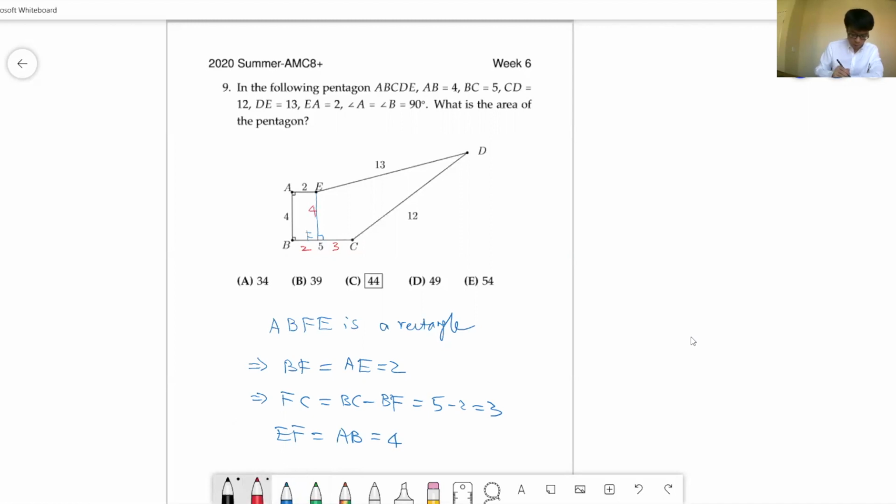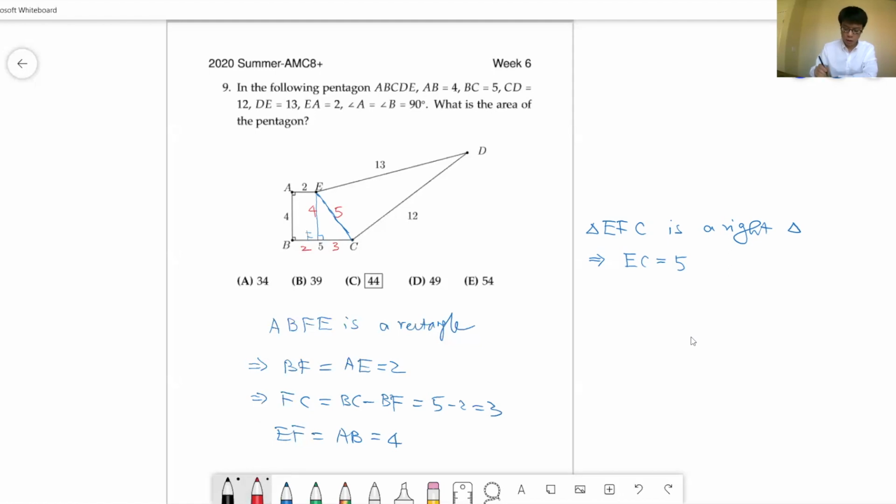Now we can connect EC. So EFC is a right triangle, and EF equals 4, FC equals 3. So we can immediately calculate EC: EC equals 5.